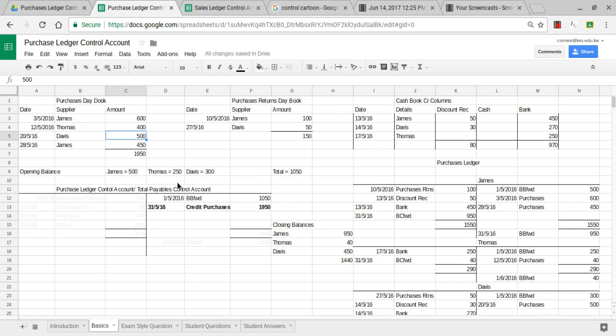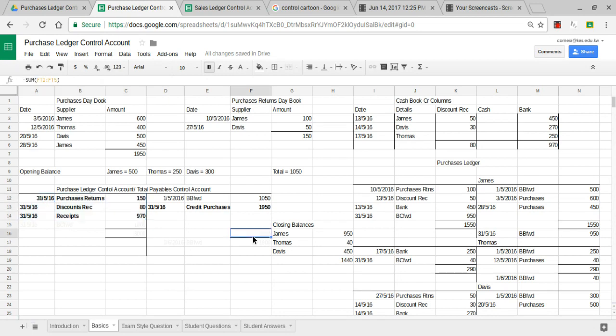Okay. We've got the purchase returns were 150, the discount of 80, and the bank entry of 970. They all go on the debit side because they are reducing the amount the business owes to suppliers, and then we balance off the accounts in the normal way.